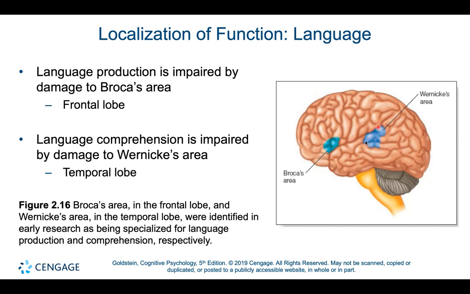Damage to area B negatively impacts function B, language comprehension, but it does not negatively impact function A, language production. This is what we mean by a double dissociation, because the physical areas of the brain as well as their functions have been doubly dissociated by two different types of damage.